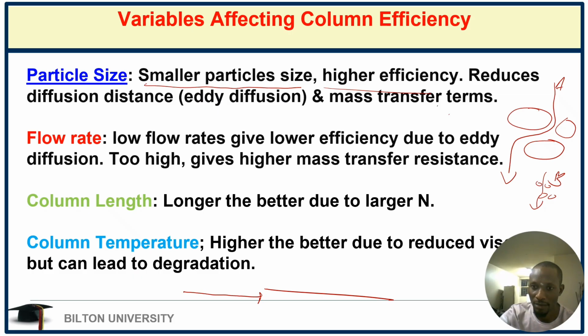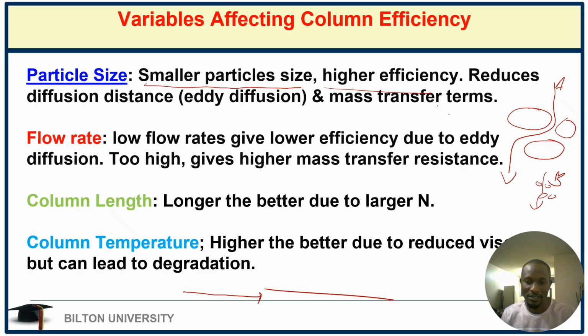The longer the column length, the larger the number of theoretical plates, and this can also give a higher efficiency. I know you're going to say, but if the column length is long, is the mobile phase not going to take more time to move, and therefore allow diffusion to take place? Yes.